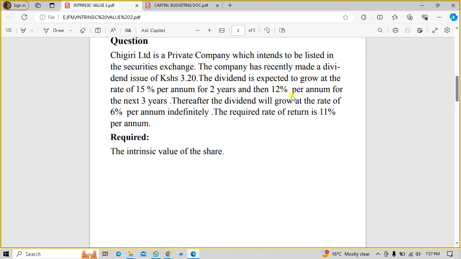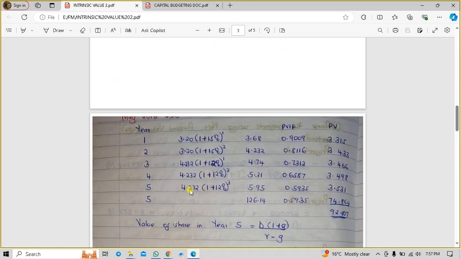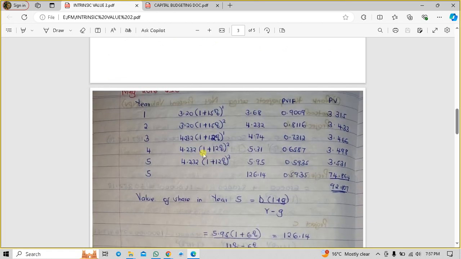And then 12% per annum for the next 3 years. So after the second year, we are going to use this dividend 4.232, 1 plus 12%. 12% is our new rate for the next 3 years.